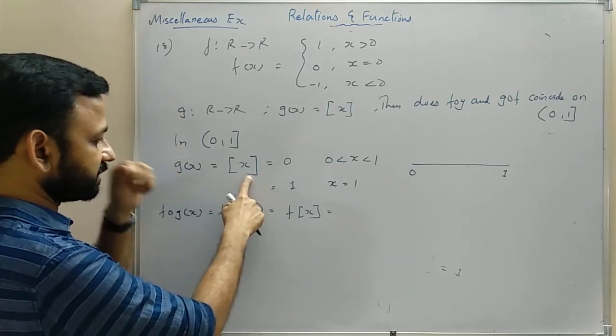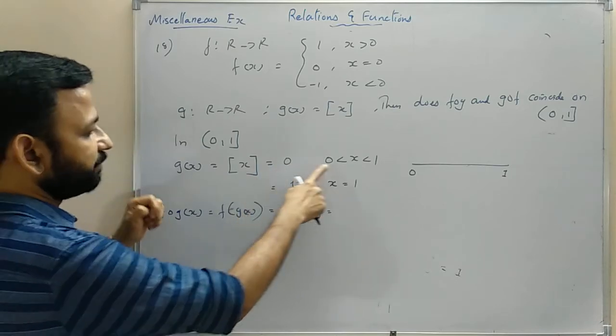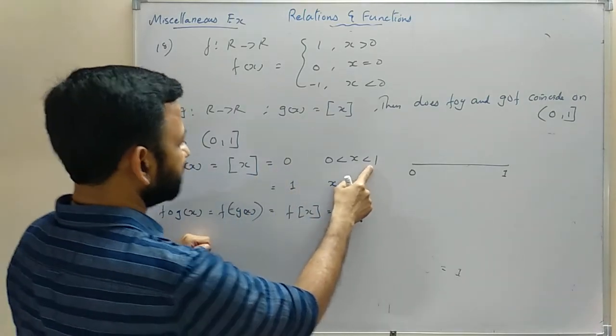The greatest integer function x equals 0 when 0 is less than or equal to x less than 1, and equals 1 when x equals 1.